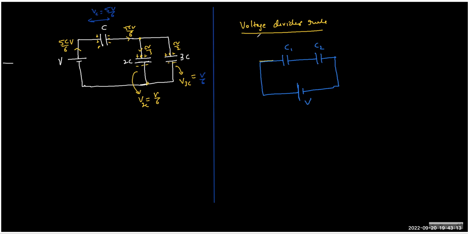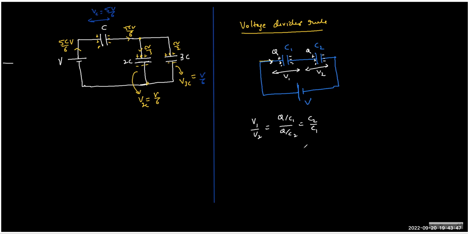But the potential across each will be a part of V only, not V. And because they are in series, can we say the charge must be the same? Whatever the charge, it must be the same. We are not going to calculate the charge, but we can say Q must be the same, isn't it? So the ratio of voltage will be, by definition, Q by C1 over Q by C2, which is C2 by C1.